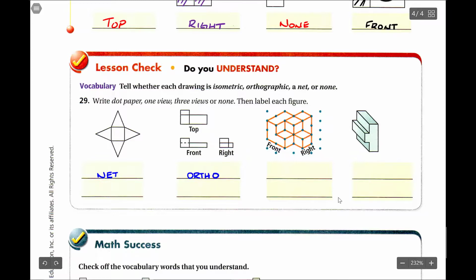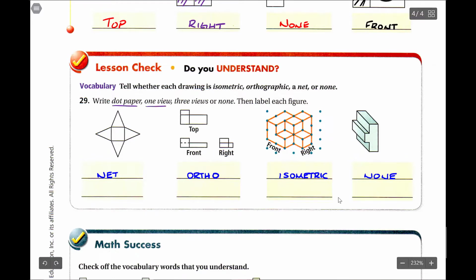I'm just going to put ortho on here. And then our third image is the dot paper, so that is isometric. And then our last one is an actual three-dimensional object, so that is none of the drawings that we have really talked about today.